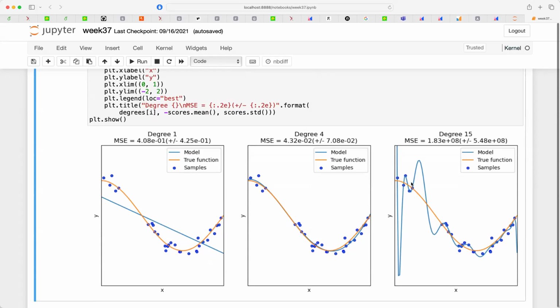You see this? You're going through almost all the points. So this would be a case with low bias, but you would have a horrible variance for the model. And what you see here is a clear example of overfitting.